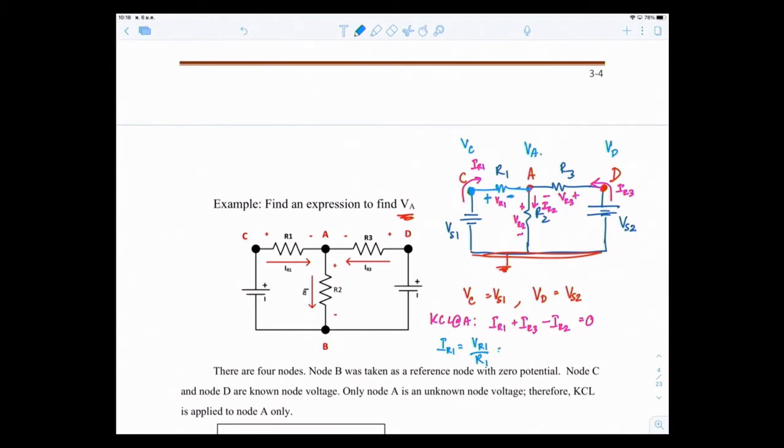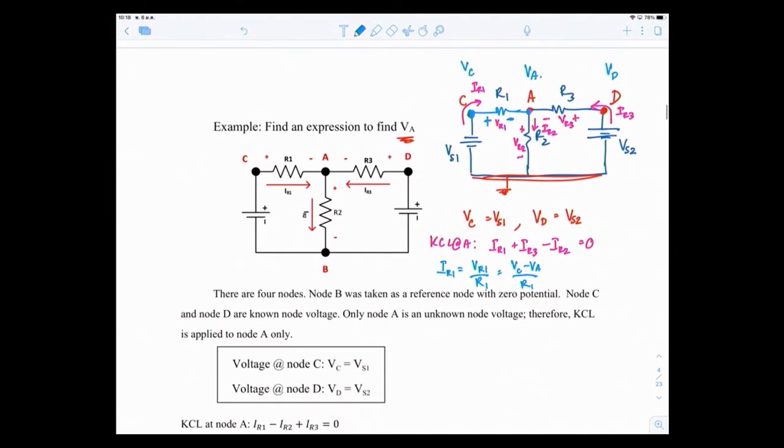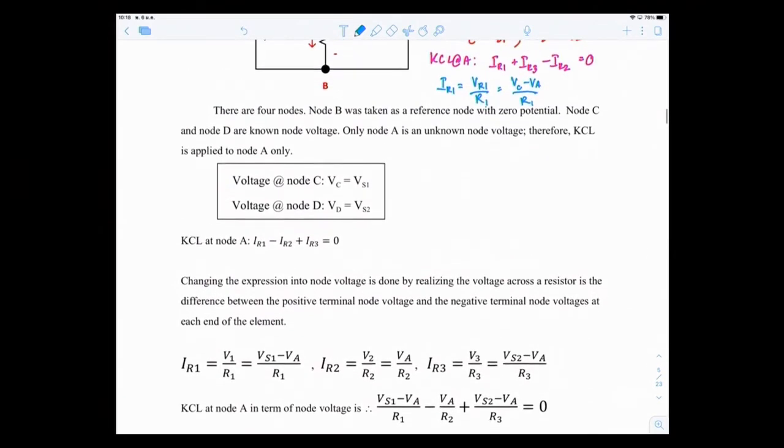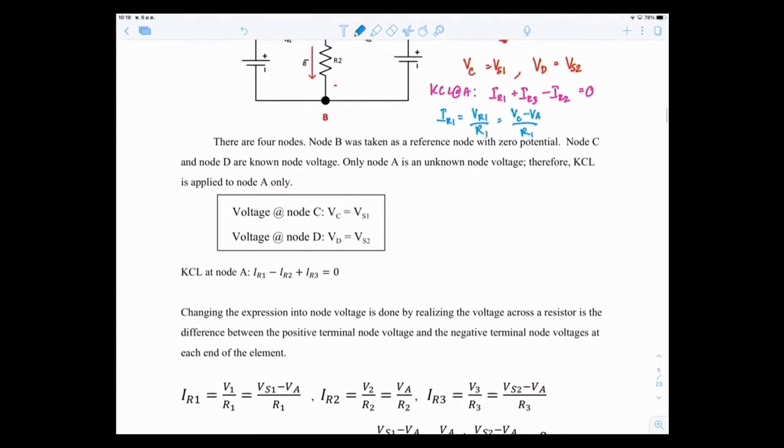So therefore IR1 is VC minus VA over R1. You see that? Now you have IR1 in terms of node voltages. What about IR2? IR2 would be VR2 over R2.